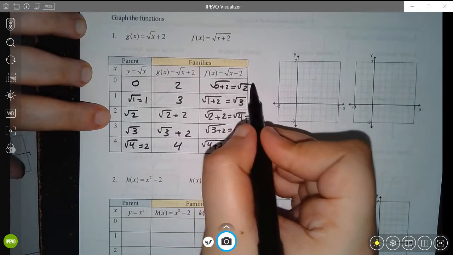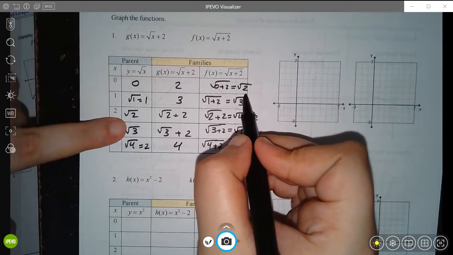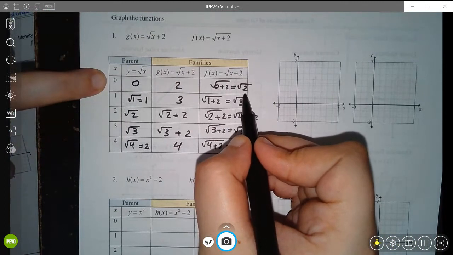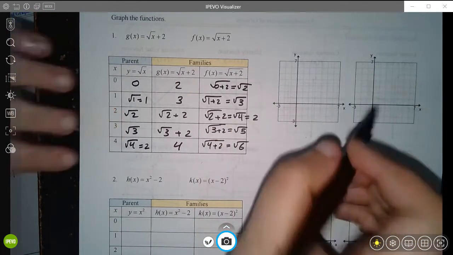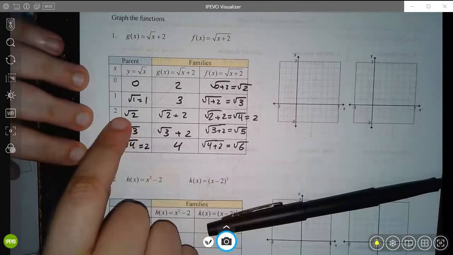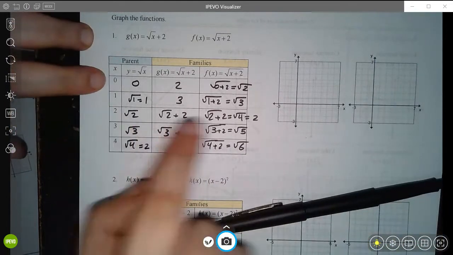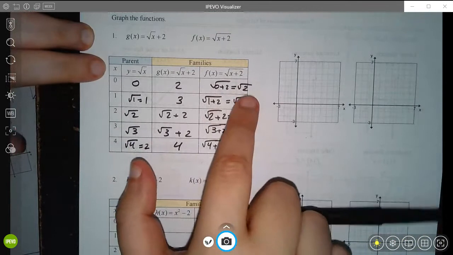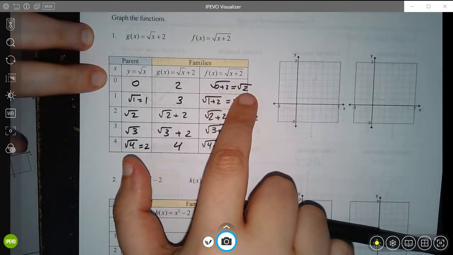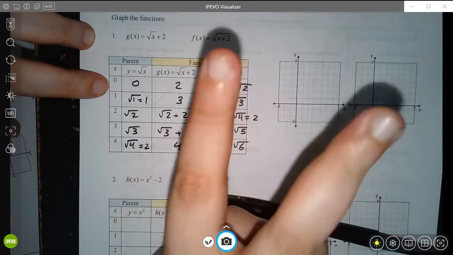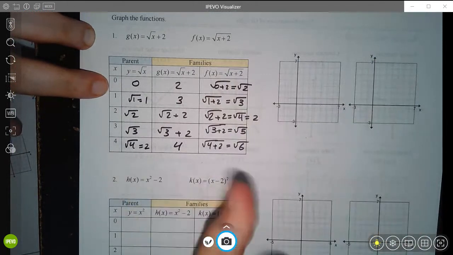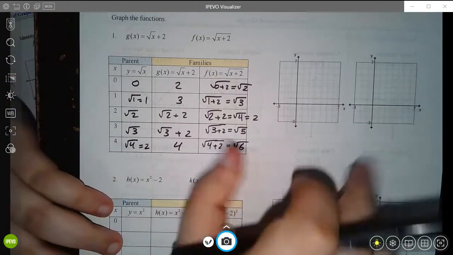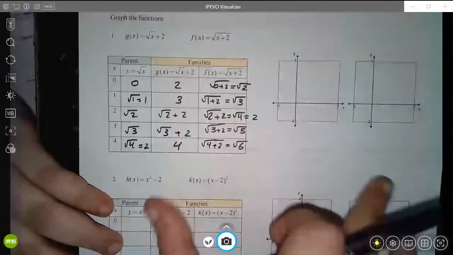So the y value, which is the root of 2, for x equals 0, actually starts at x equals 2 for the parent function. You see this? So for the original function, it was 2, root of 2. For this one, it's 0, root of 2. So we shifted by 2 points. Notice that? And it's to the left.